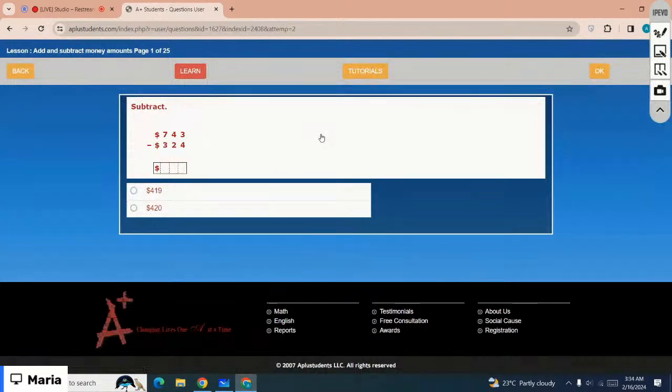You need to subtract 743 minus 324. Which is the correct option? Simply subtract them like you subtract other numbers. You cannot subtract 4 out of 3, so you need to borrow 1.